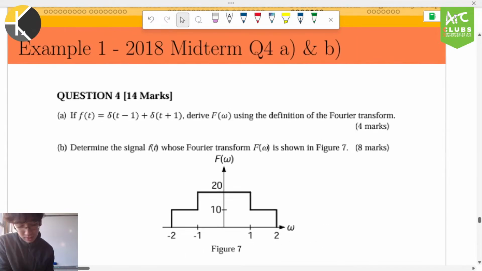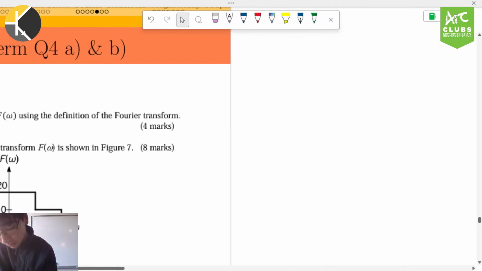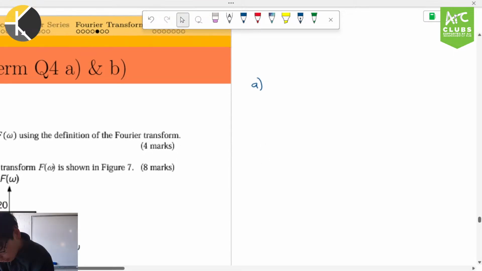So part A: if f of t is delta(t minus 1) plus delta(t plus 1), derive the Fourier transform. Using the definition of a Fourier transform, the integral of f of t multiplied by e to the negative j omega t dt, I'm going to sub in what f of t is given as.